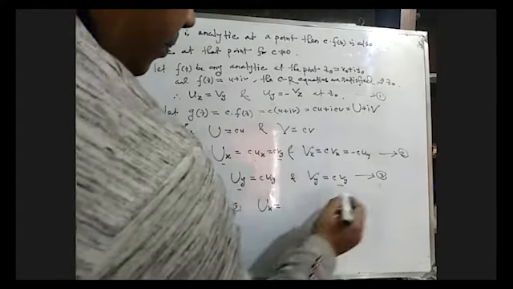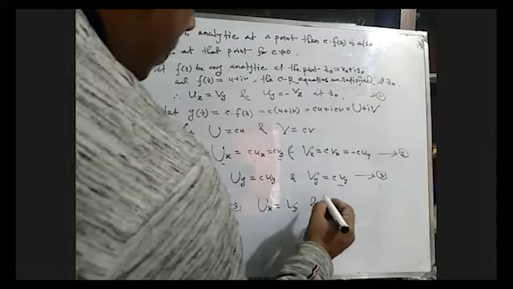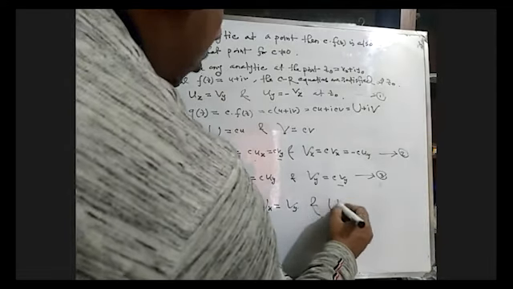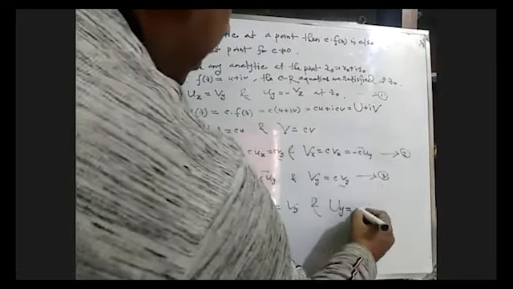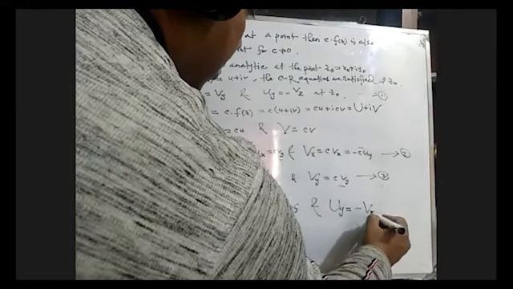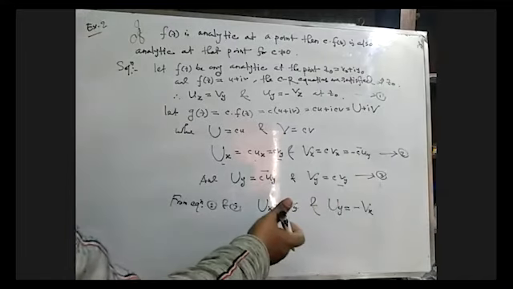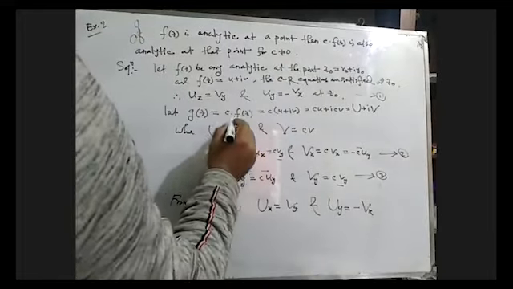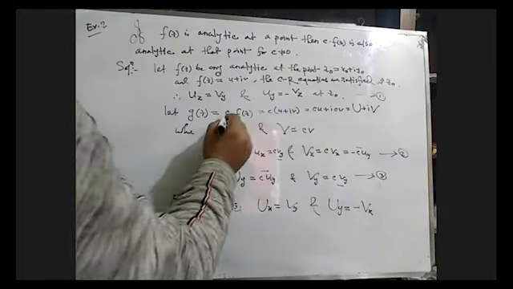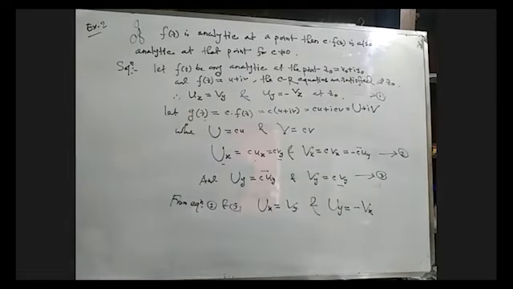This and this same. Okay. And uy equals to this and this, minus bx. So this is the Cauchy-Riemann equations of which function? C into z function. Okay. Cauchy-Riemann equations are satisfied for the function of complex variable of z.